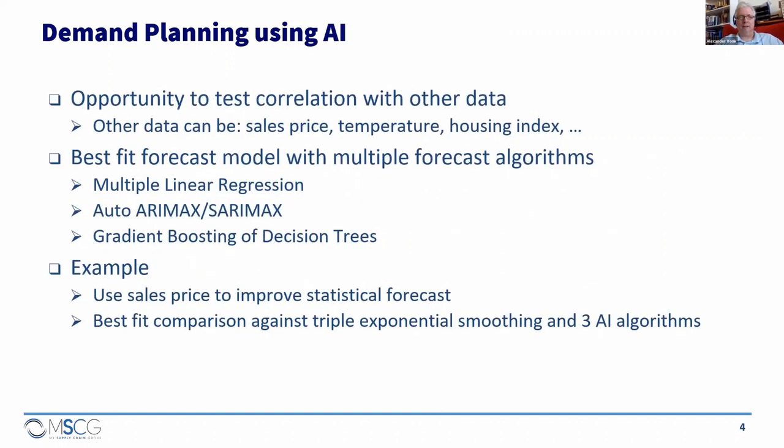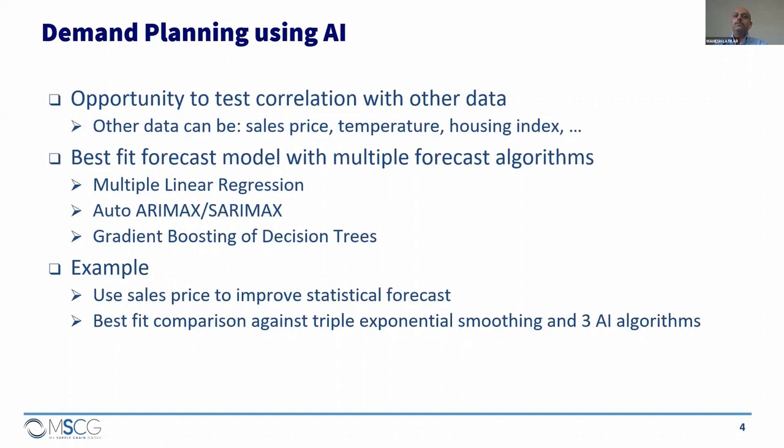So demand planning using AI, can you elaborate on what kind of AI can be used for demand planning within SAP IBP? Sure. So here we're going to use 3 forecast models, which are based on machine learning: multilinear regression model, auto ARIMAX and SARIMAX, and the third one is gradient boosting of decision trees.